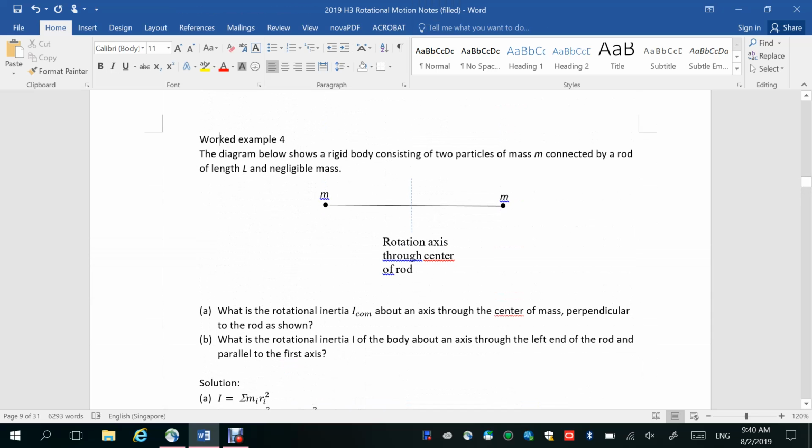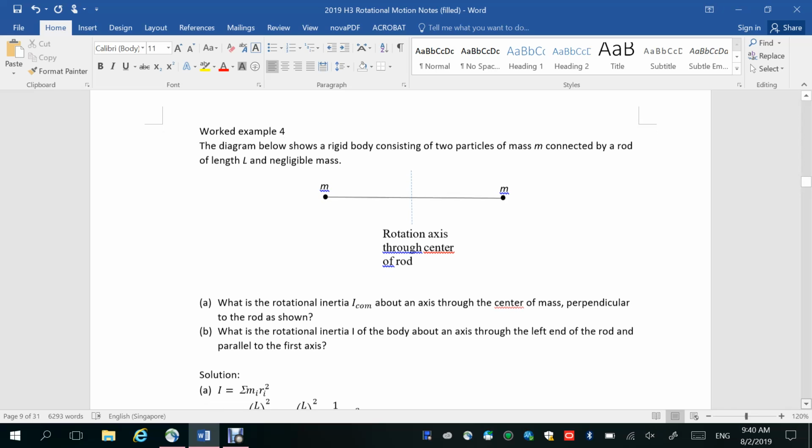In this case, you're asked to find the rotational inertia of the body about an axis through the left side of the rod that is parallel to the first axis. Initially you're given the two particles, the axis of rotation passes through the center of the rod, and we have derived it using summation mr squared. So we can choose to use the parallel axis theorem. That means now the axis will be on the left side, which is here, and therefore the perpendicular distance will be just half of the length of the rod. The total mass of the system is 2m.